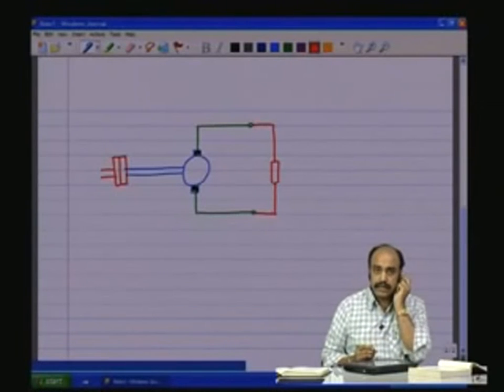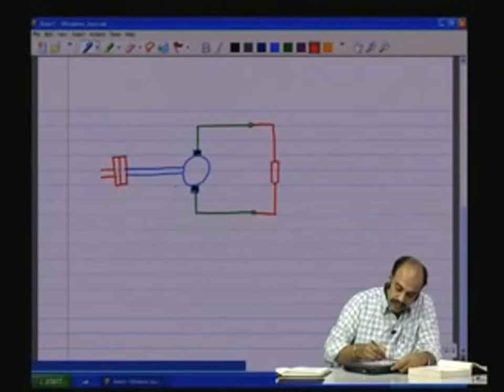So, this would be the electrical equivalent of this DC generator.